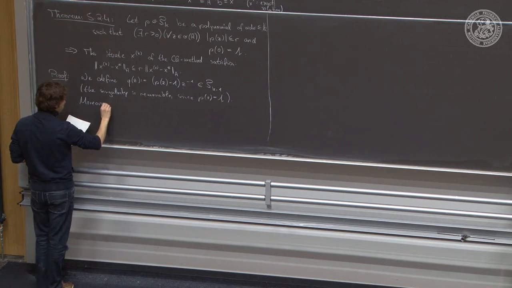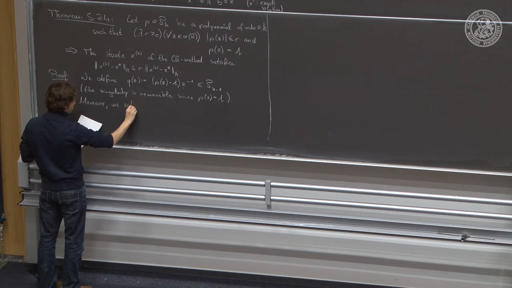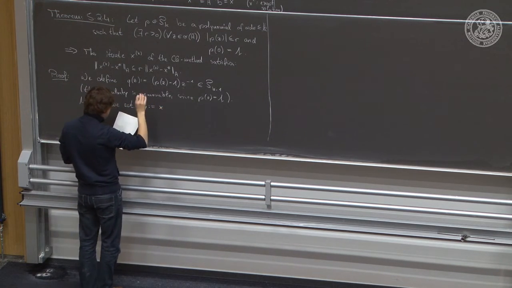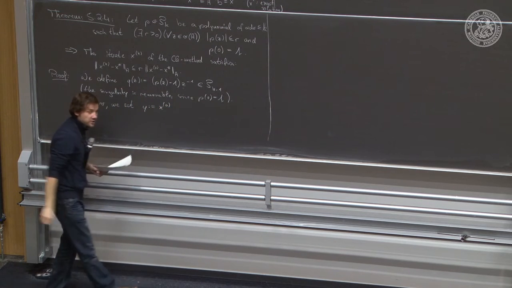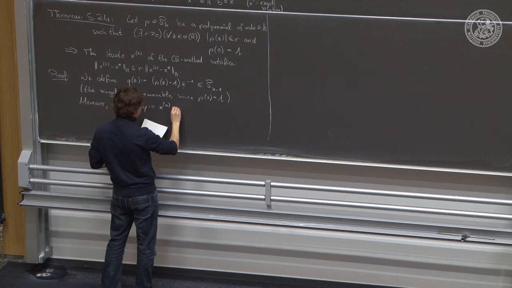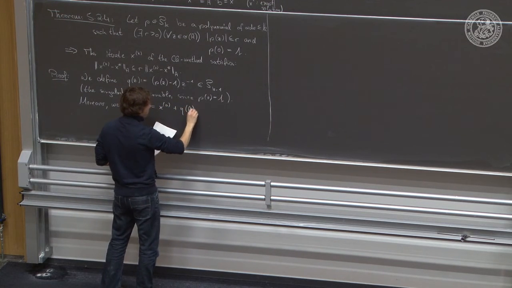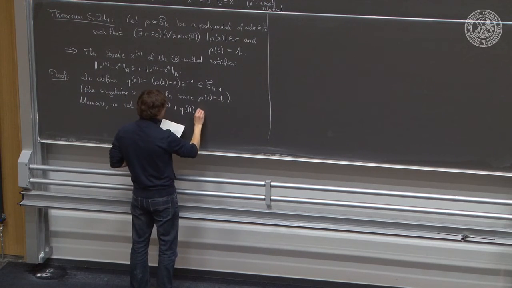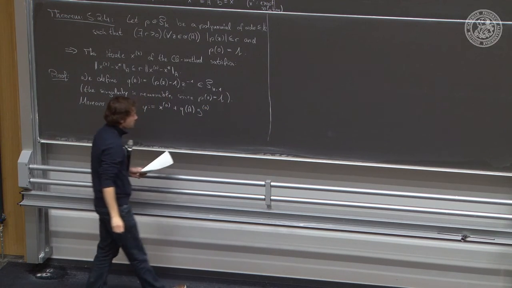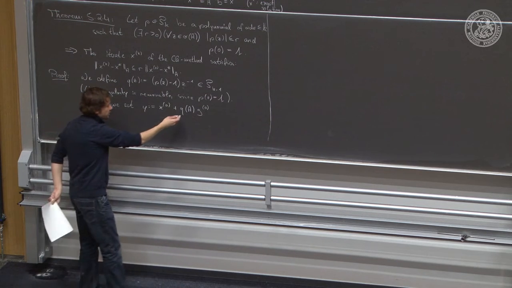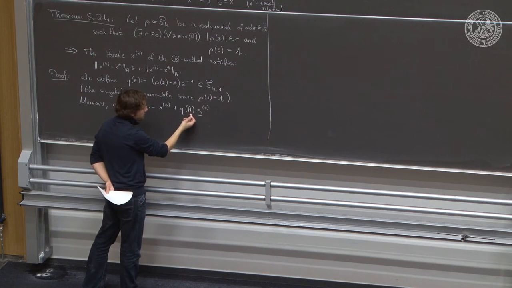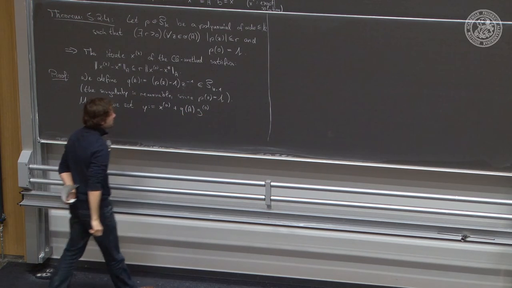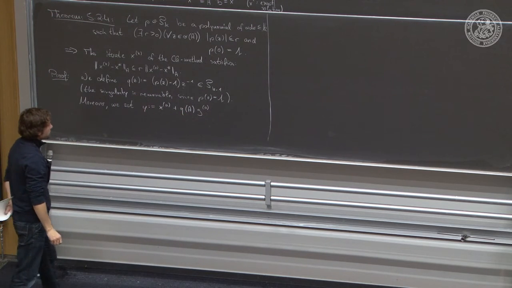So moreover, we said the vector y, sorry, is nothing but the initial vector plus a polynomial of degree k minus 1 times g0, evaluated with the matrix A. So this is a matrix again, applied on this gradient.